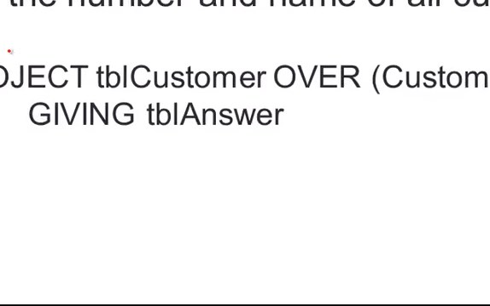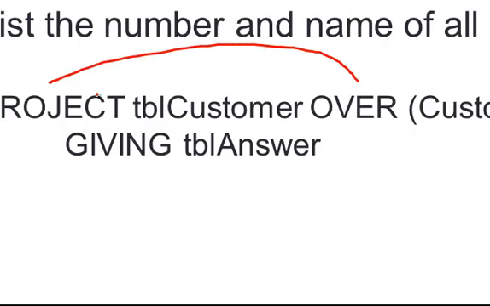The first example they give you is on page 60. They want us to list the number and name of all customers. So the customer table has numerous fields in it. So if we did select, we would need some type of a where. Well, we don't have any condition. We want all of the customers, but we only want two of the columns. So what we're saying here, remember, project always has an over.